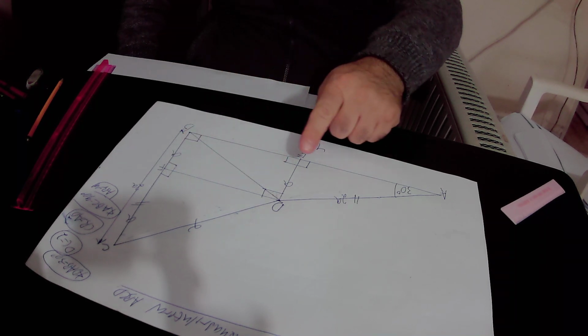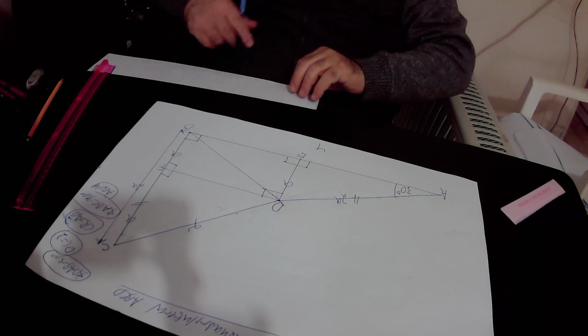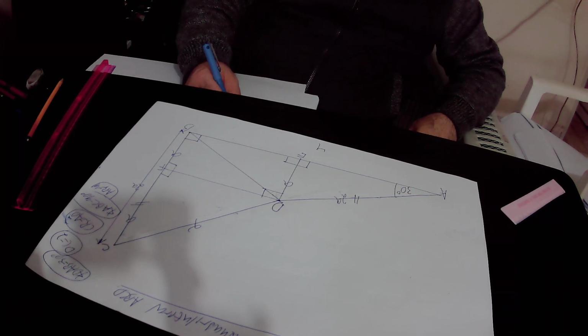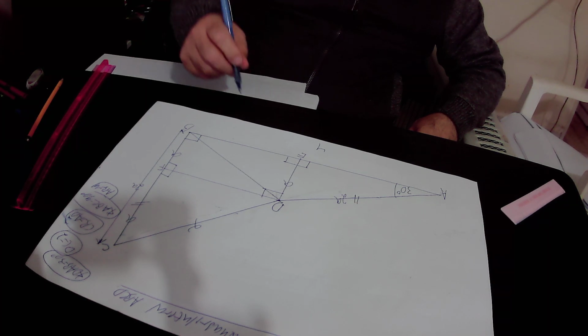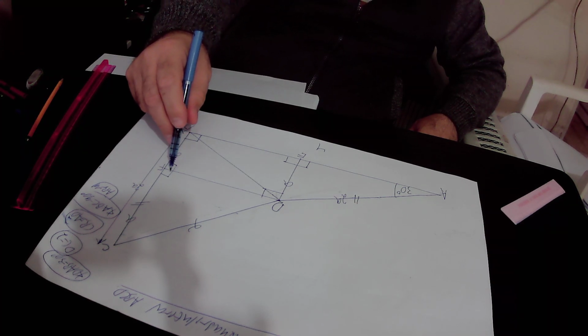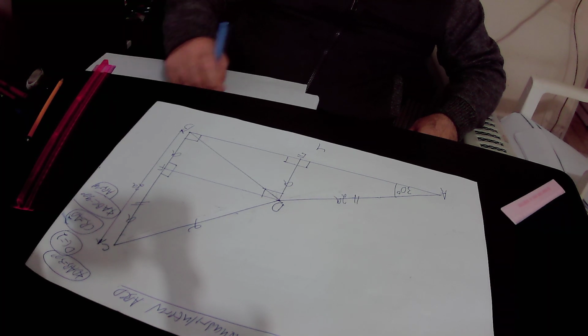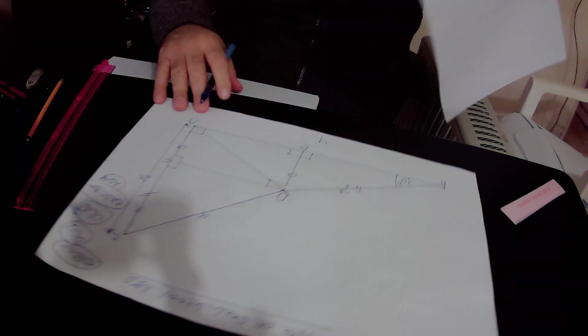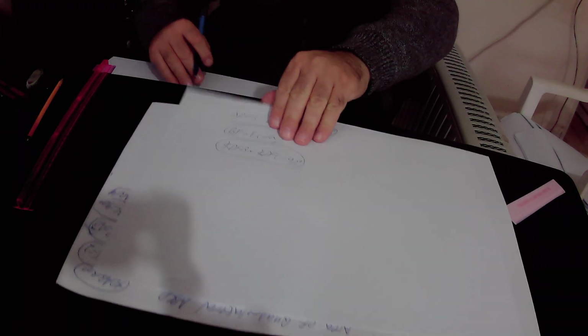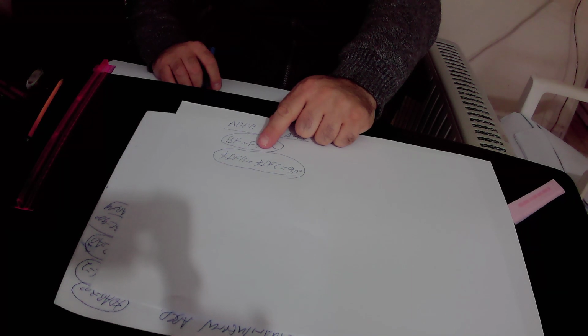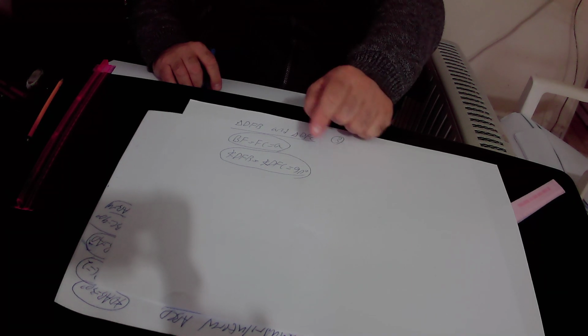So angle DFB, this angle, equals angle DFC, this angle, and they are equal to 90 degrees.